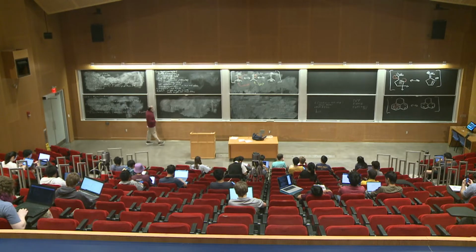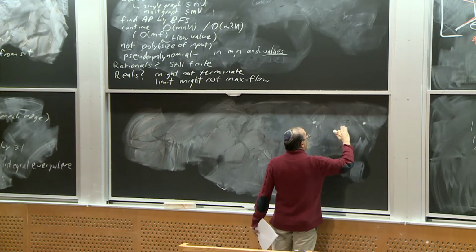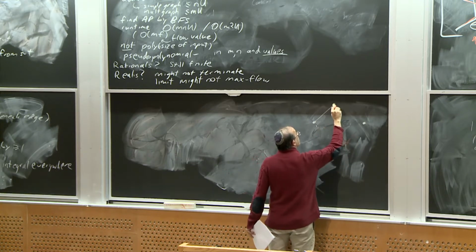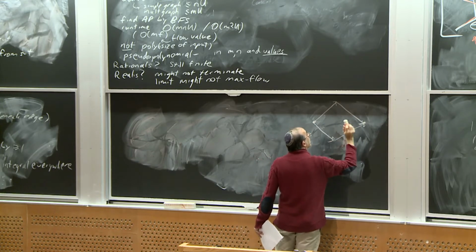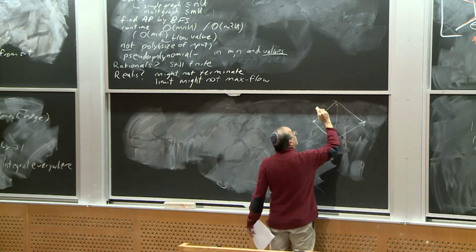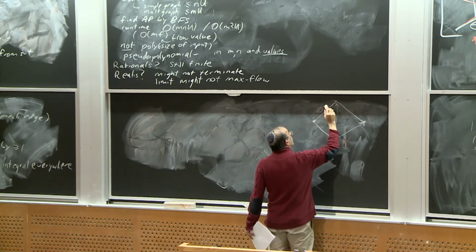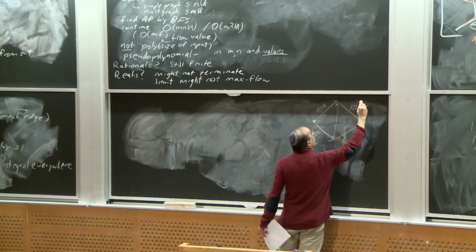Okay. So to motivate what we're going to do now, let's look at a particular example of how augmenting paths can go very badly. It's a pretty simple example. Just going to make this little diamond here. And I'll put some nice big numbers on the diamond.